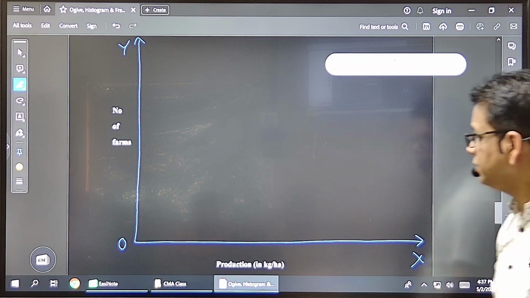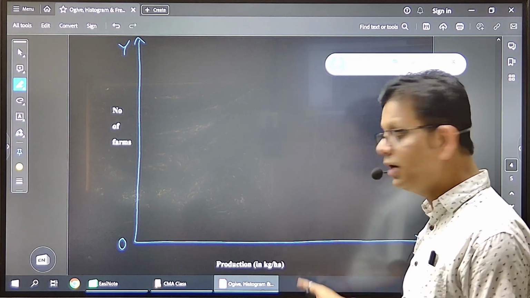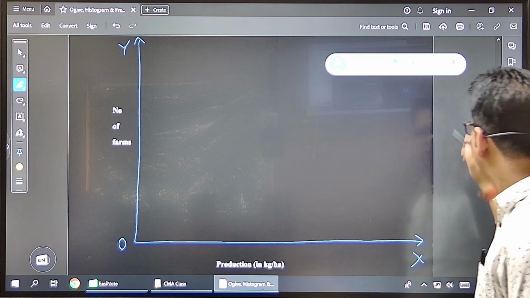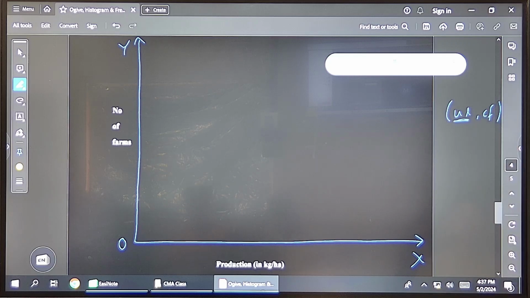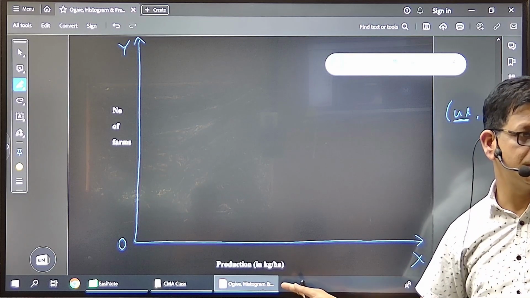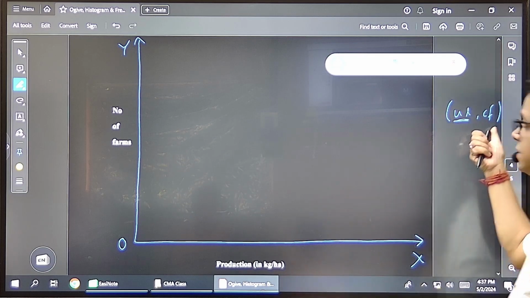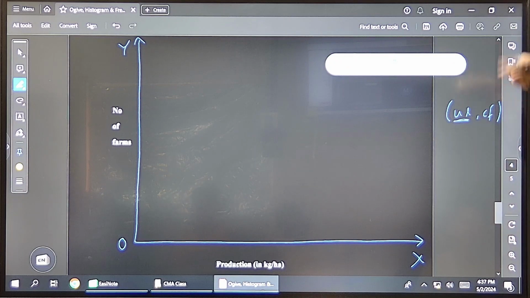So now what you have to do, the production in kg per hectare, you make the ordered pair few minutes back. What is that? Less than upper limit, comma, CF. All these upper limits come from kg, whatever was there. Yes or no? So that is why I wrote production in kg. Then this cumulative frequency is coming from frequency, F. What is the F? Number of farms.